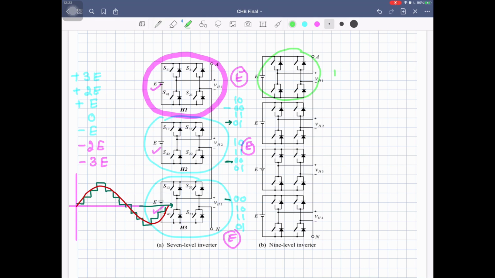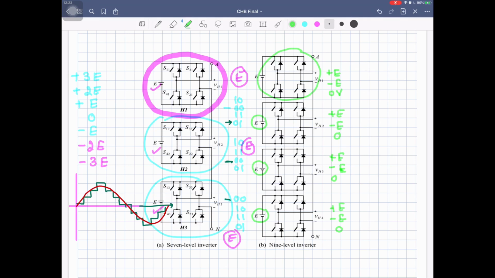From the first H bridge, we can get either plus E, minus E, or 0 by applying the switching code. And then from the second inverter we can get either plus E, minus E, or 0. Then from the third inverter plus E, minus E, and 0. And then from the fourth inverter either plus E, minus E, or 0, because all of the DC sources are of equal magnitude.